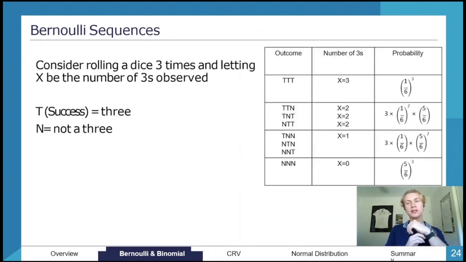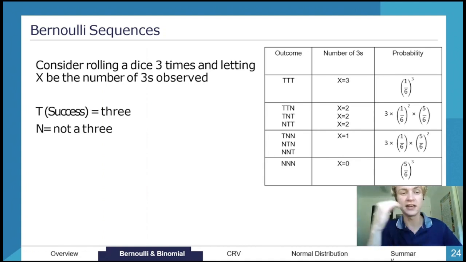Okay, so this would be an example. It is actually the example I made up just now, so obviously my memory recalled it. So Bernoulli sequences: consider rolling a die 3 times and letting x be the number of threes represented. Well, the probability that x equals 3 is going to be, if we extrapolate it, what are we going to get?